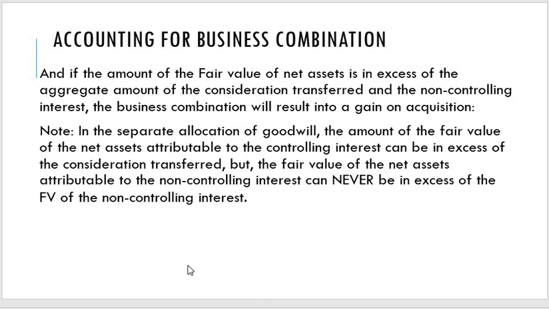Meaning to say, the fair value of the non-controlling interest should never be lower than its proportionate share in the fair value of the net assets of the subsidiary.